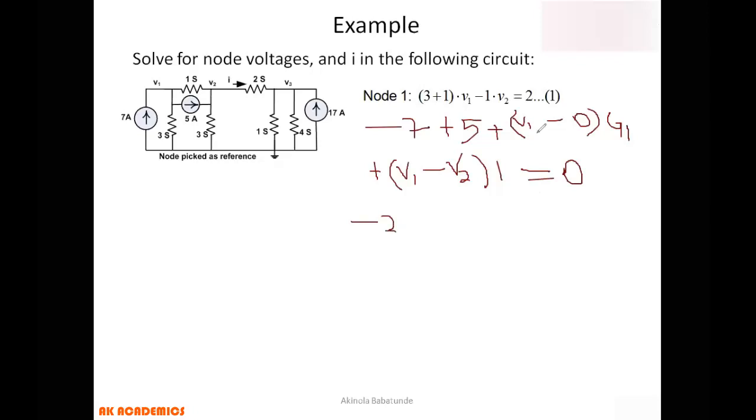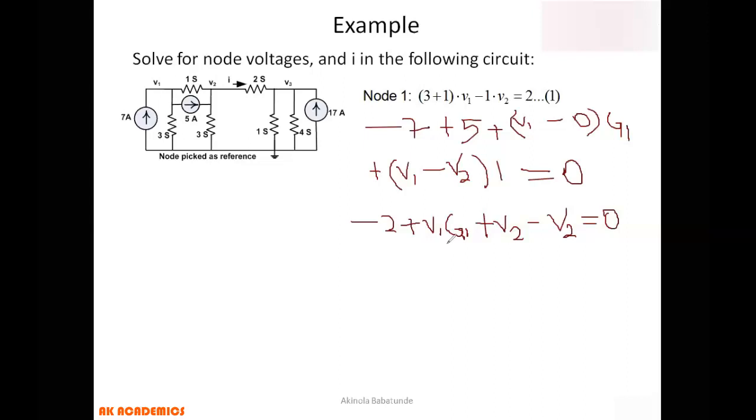All right, V1 minus 0 multiplied by G1 will give us plus V1 G1, right? And then V2 minus 1 times 1, it gives us plus V1 minus V2. Everything would be equal to 0. Do you get? And then we had said that this 1 is our G2, this is our G1.